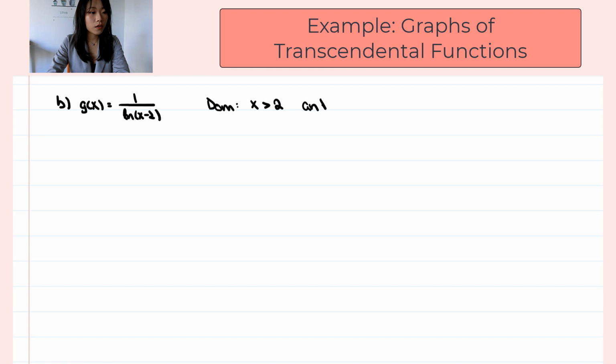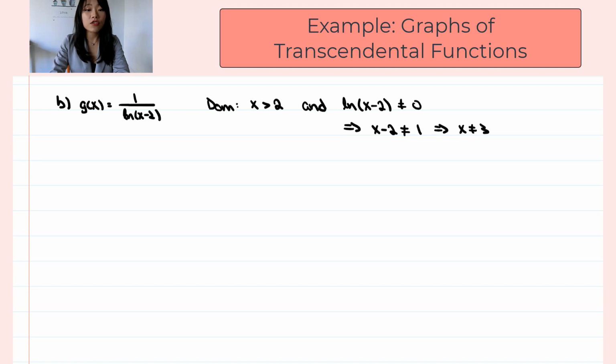Furthermore, I need the denominator to be non-zero. So I need ln of x minus 2 is non-zero. A ln function equals 0 when the input equals 1. So that means I need x minus 2 does not equal 1. So x cannot be 3.